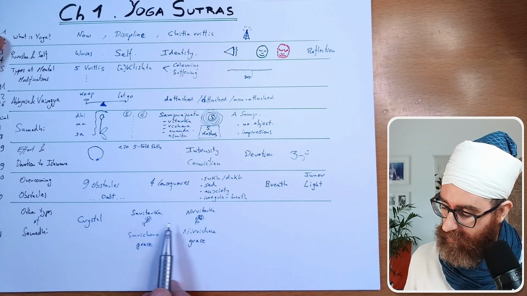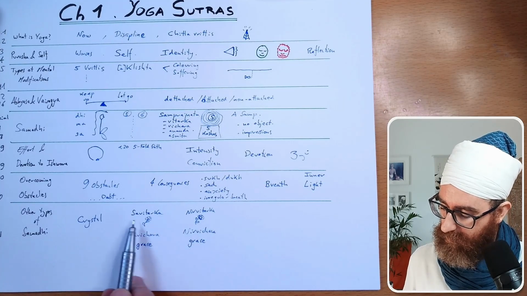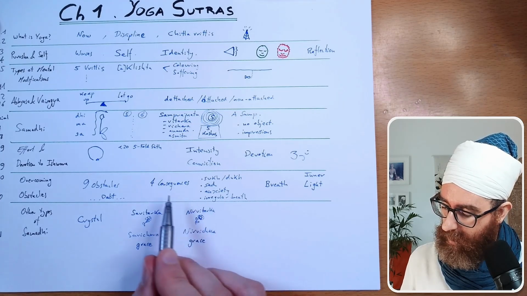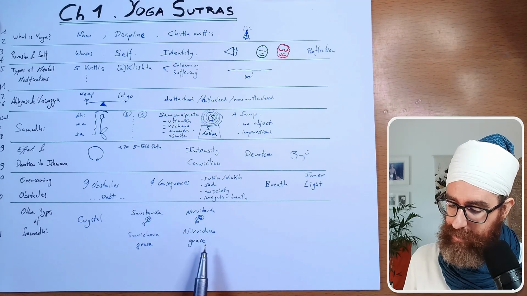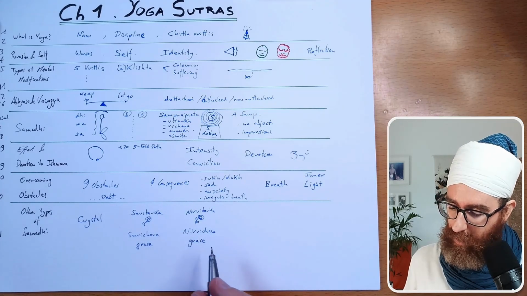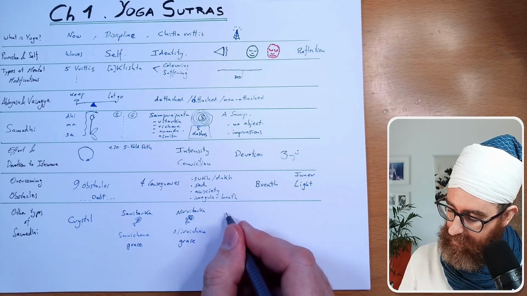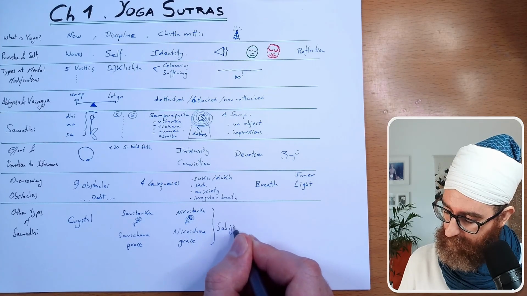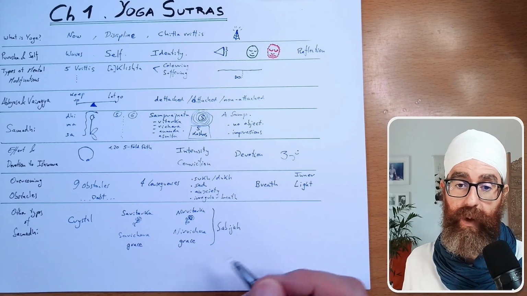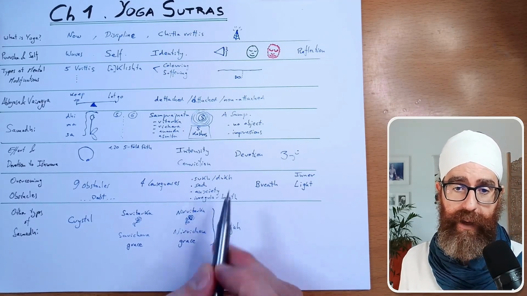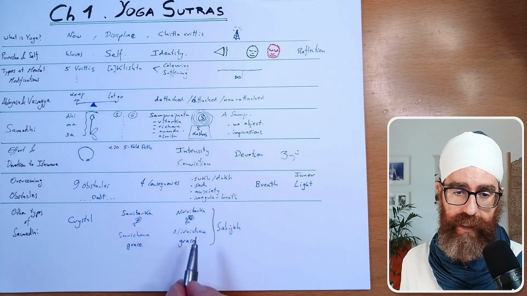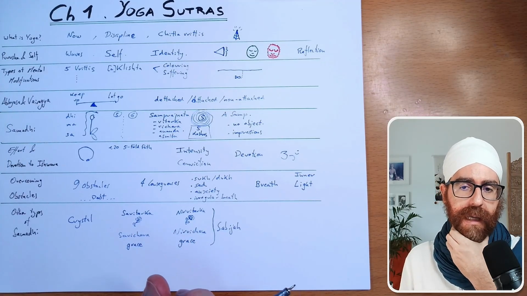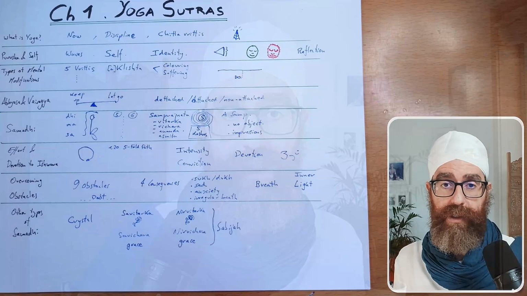This is like 1.42, 3, 4, 5, something like that. And he's saying, well, as you are moving through these, these are all Sabija Samadhi. Sabija means with a seed. And remember I mentioned there is impressions, there is a seed. And here I mentioned how Patanjali utilizes this word seed.